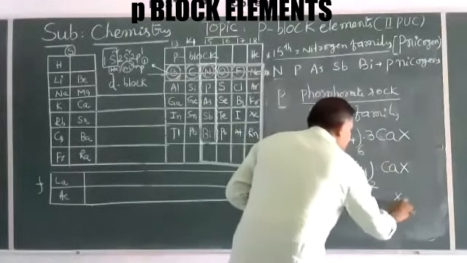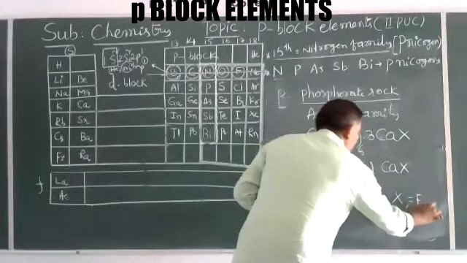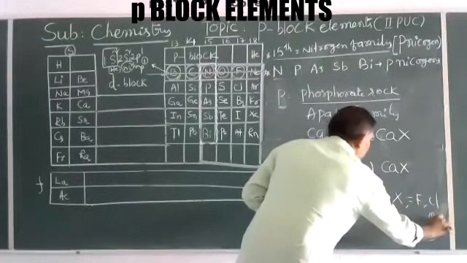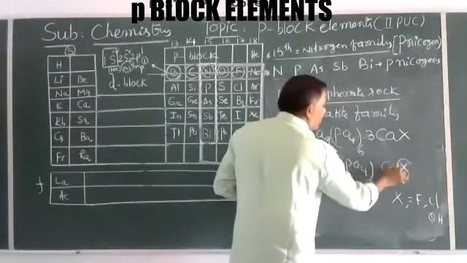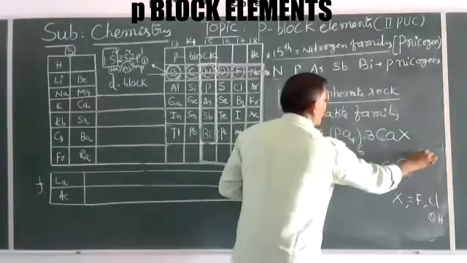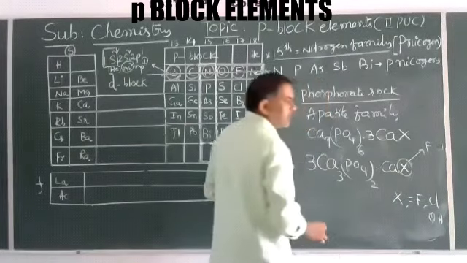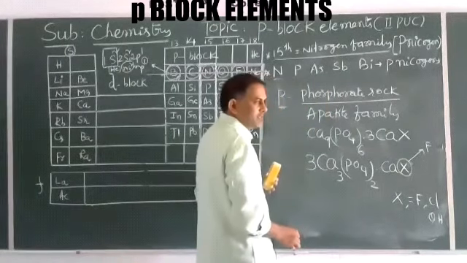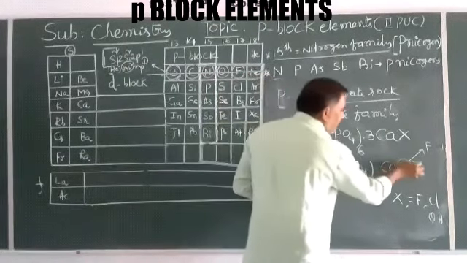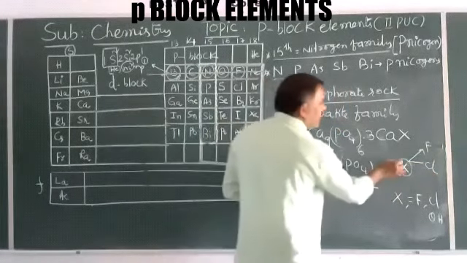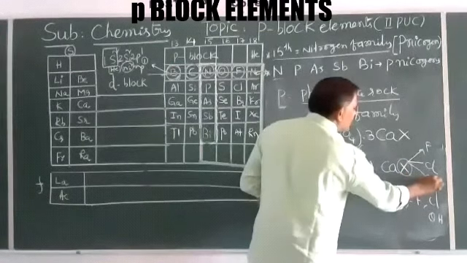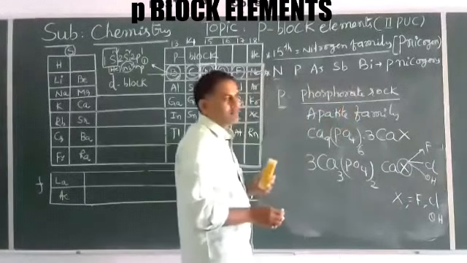Now here X is fluorine, chlorine or OH. If we take the X value as fluorine, it is fluoroapatite. If we take X as Cl, chloroapatite. If we take X as the OH group, hydroxyapatite.